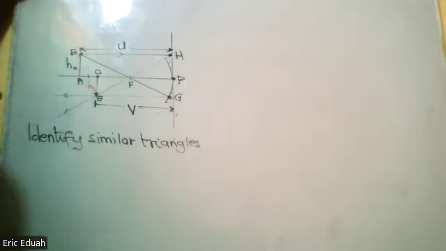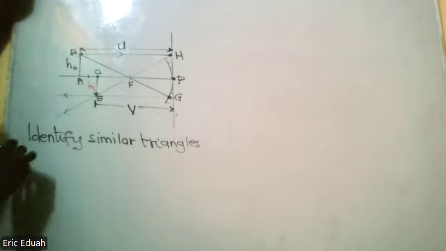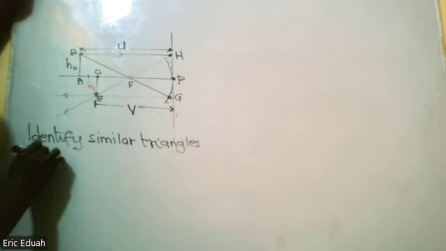The conditions for identifying similar triangles are that, one, when triangles are similar, their interior angles are equal.